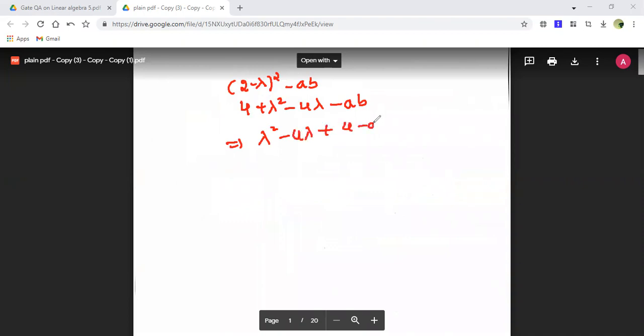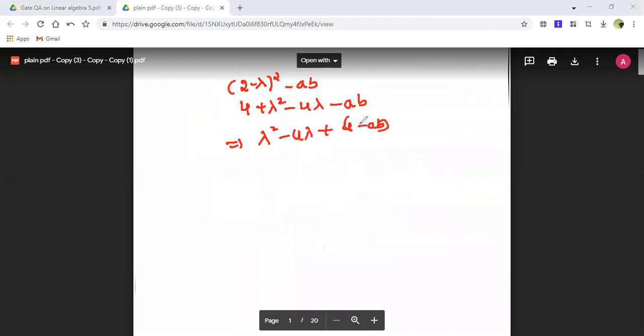If that is the case, then we have to consider the equation we have got, (2 minus lambda) square minus ab. Expanding the square, it is 4 plus lambda square minus 4 lambda minus ab. So this implies lambda square minus 4 lambda plus 4 minus ab.